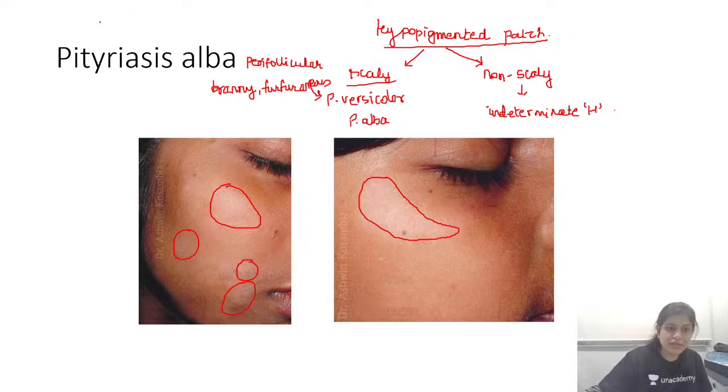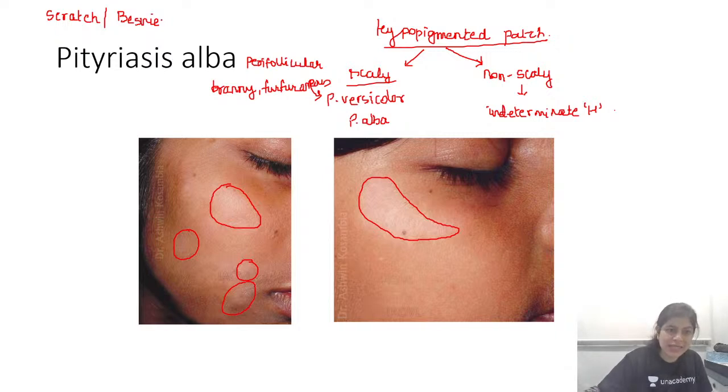The sign that you see in pityriasis versicolor is also called the scratch sign, also called the Besnier sign. No, Auspitz sign and hanging curtain sign are seen in pityriasis rosea. It is not seen in pityriasis versicolor. Okay.